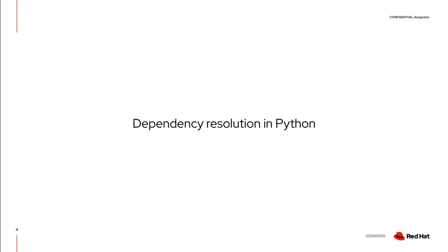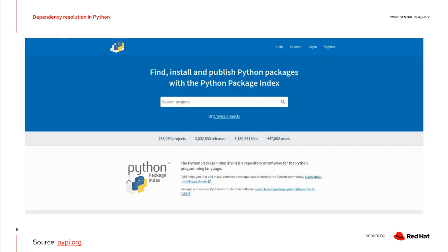So let's start with dependency resolution in Python. If you ever used some Python modules, you probably used this site. It's PyPI, the Python Package Index, and it's a repository of software that was written mostly in the Python programming language.